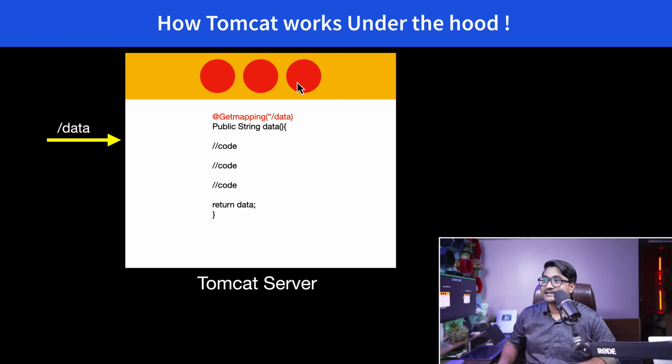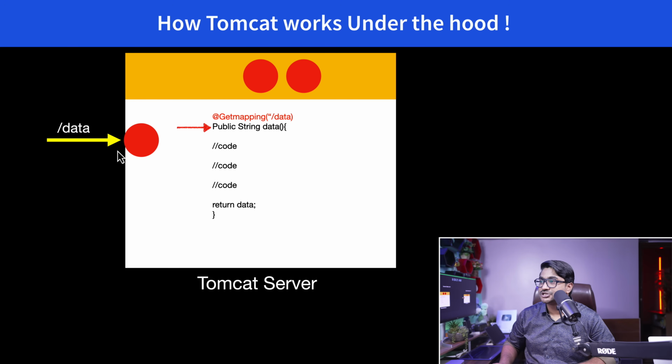Now imagine there is a user hitting this endpoint called /data. Now one of the server threads from the Tomcat server pool will be assigned to this particular request in order to process it. All this code that we have will be executed line by line.